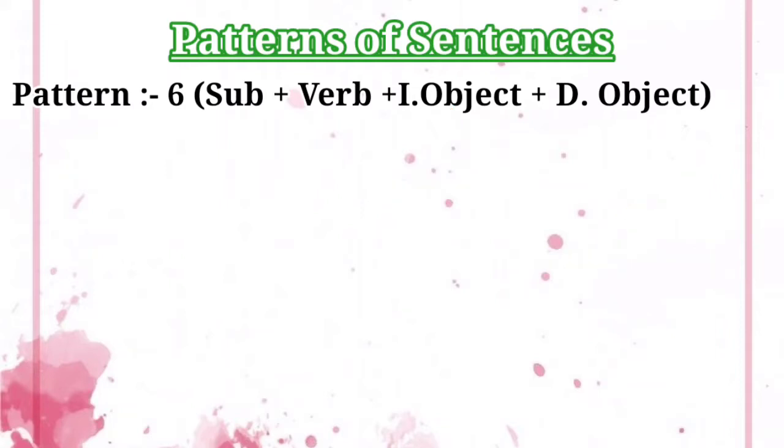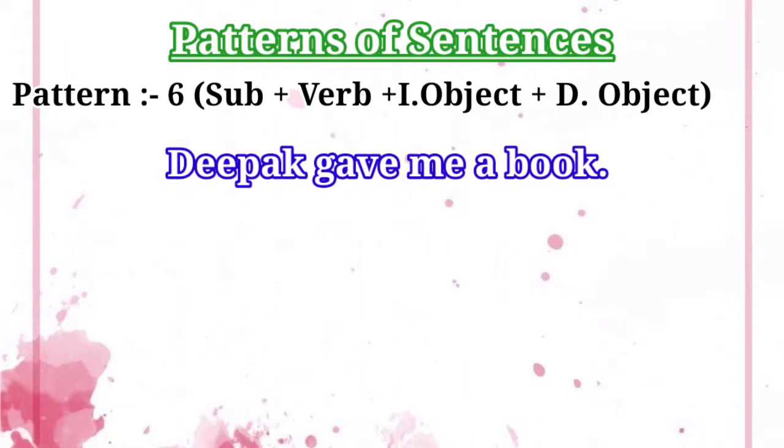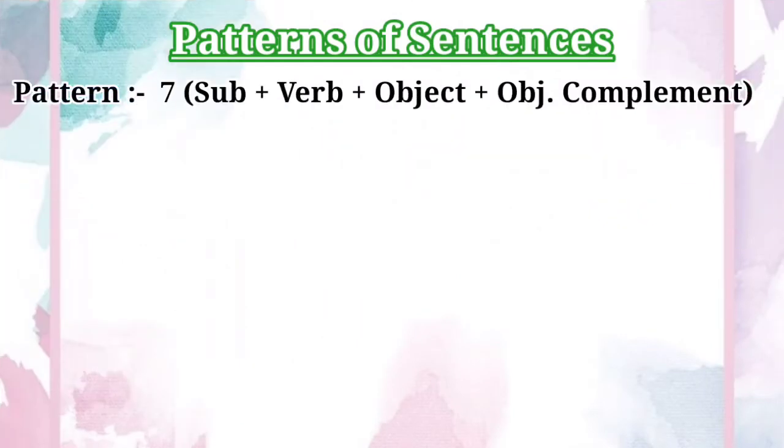Let's take an example. Deepak gave me a book. As you know, after the action word, you get objects. So here we have two objects, me and book. As I told you, the living one is the indirect object, which means me is the indirect object, and book is the direct object.